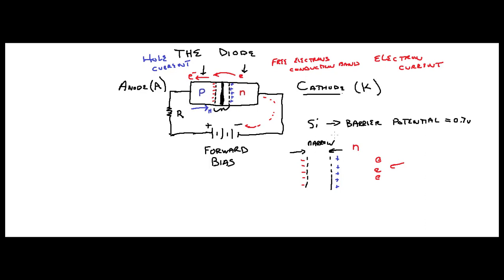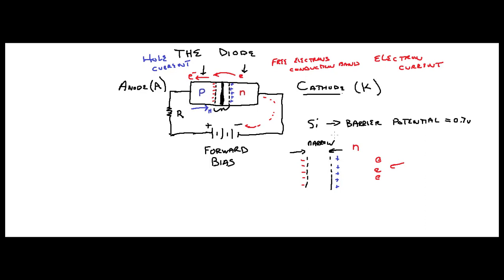So as more electrons flow into the depletion region, the number of positive ions is reduced. As more holes flow into the depletion region, the number of negative ions is reduced. And this basically is what causes the depletion region to narrow. That's what I was trying to say. So that is what happens when you have a forward bias.